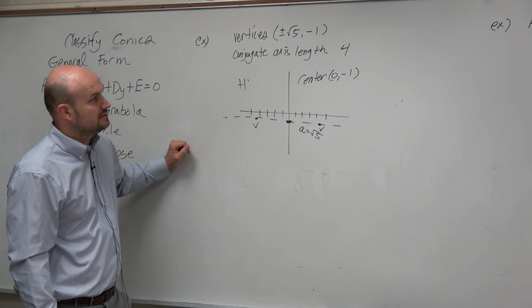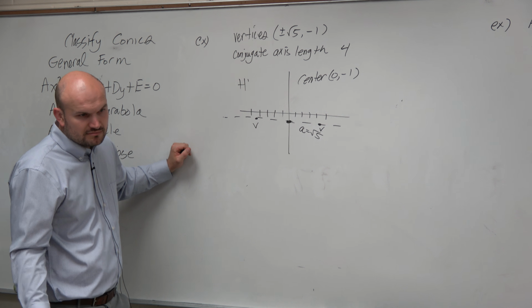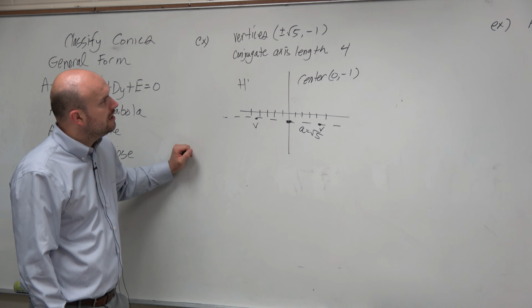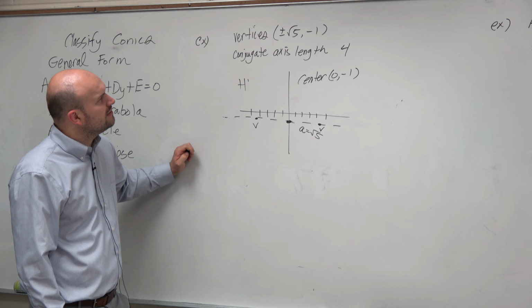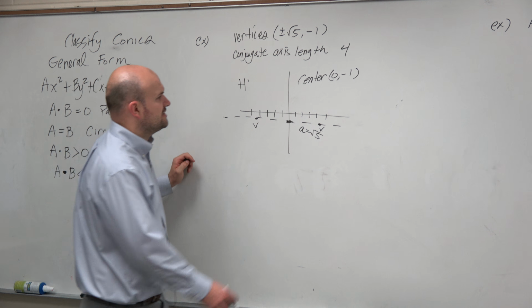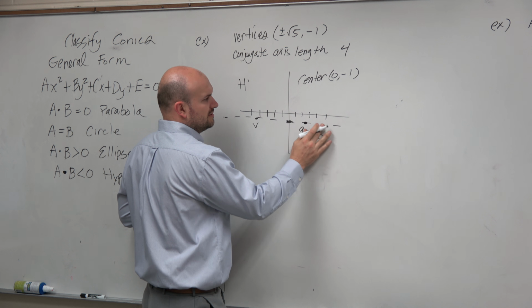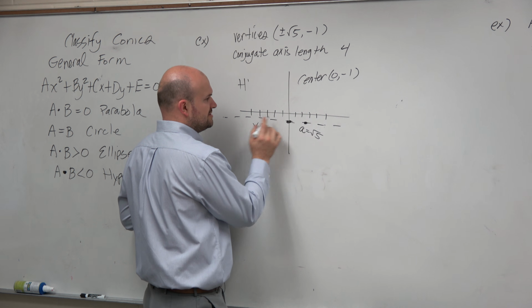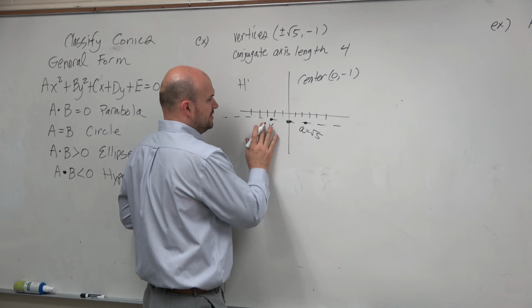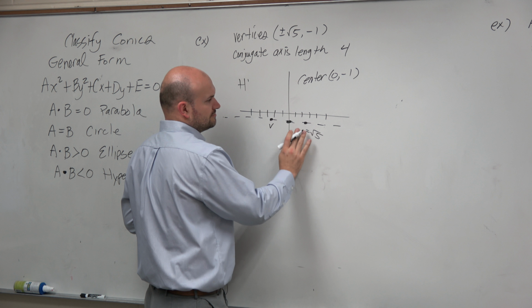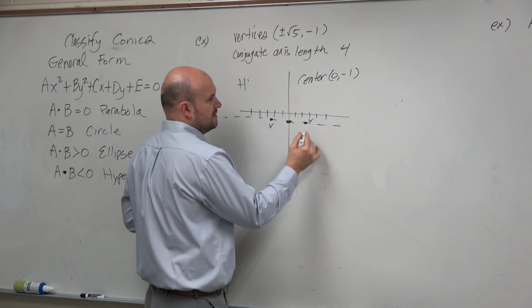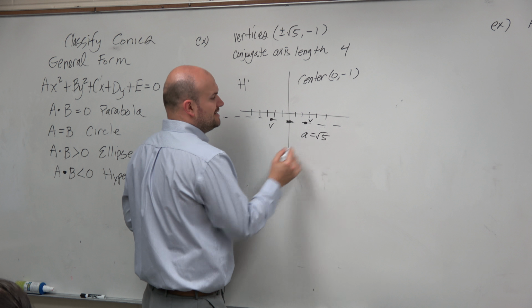That's like 2 point something. Oh, what am I doing? How is that 4 then? I have no idea. That's like 2 and change, right? My brain hurts. I've been doing a lot of teaching today. Good catch. All right, so a is the square root of 5.